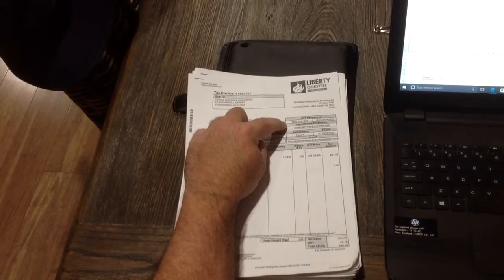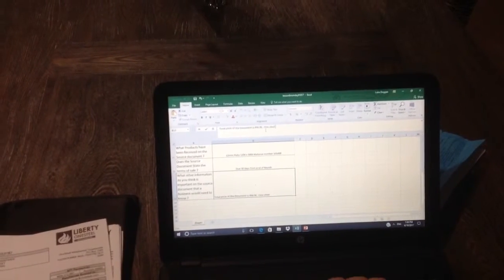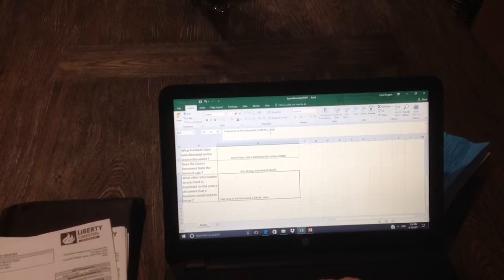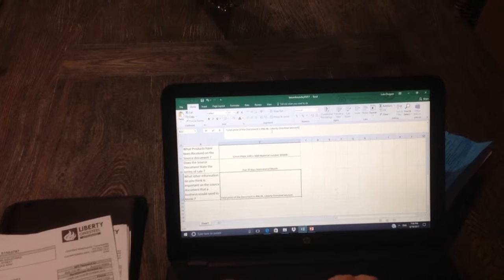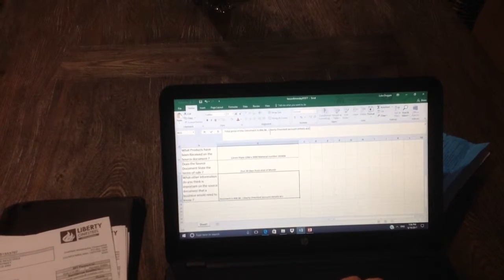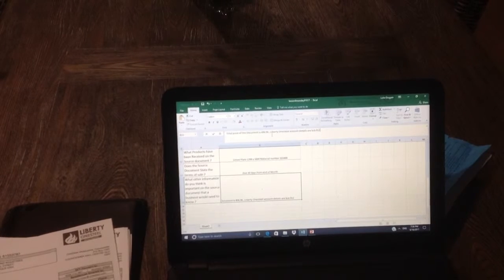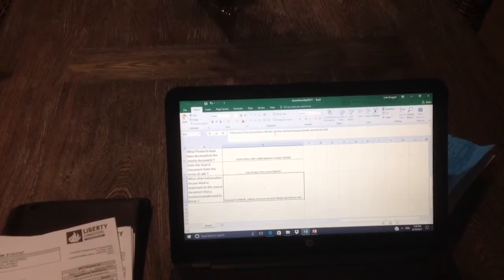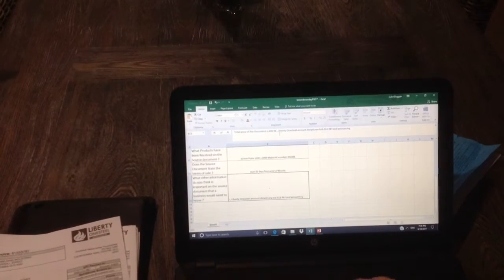So I think that's important and needs to be in there. So I've just put in the BSB, and the account number.